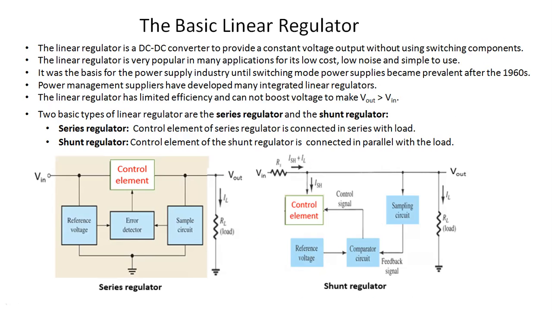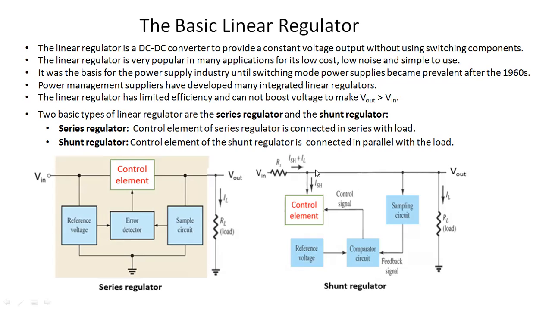So here we are saying we will require a linear voltage regulator, but it has limited efficiency and it cannot give an output voltage that is greater than the input voltage. The linear voltage regulator will provide an output voltage that is equal to or less than the input voltage.